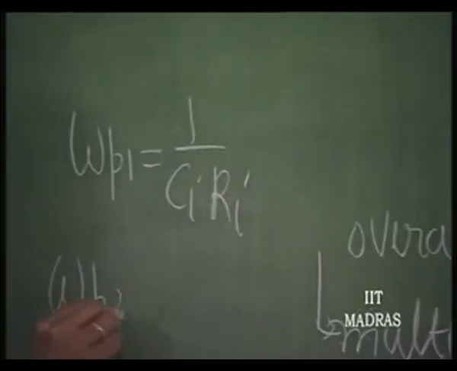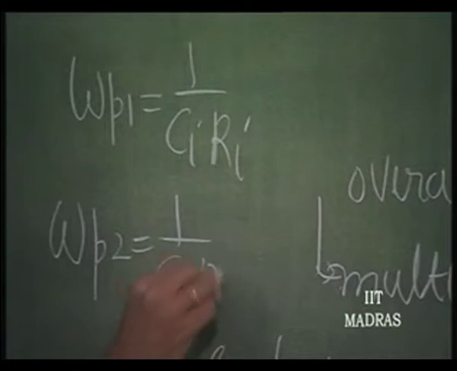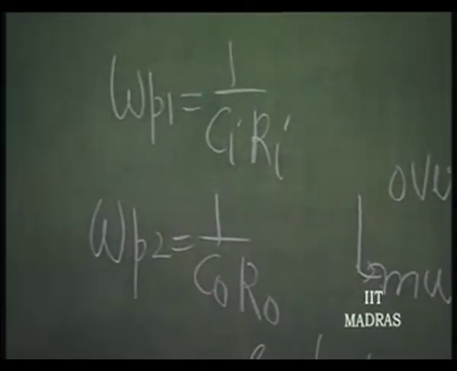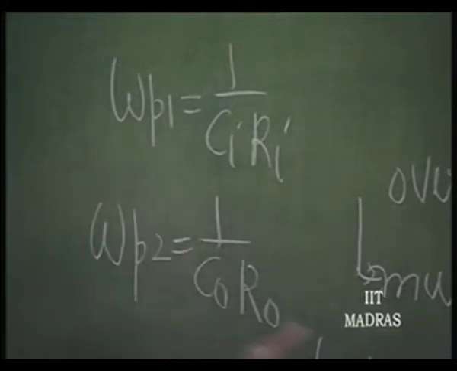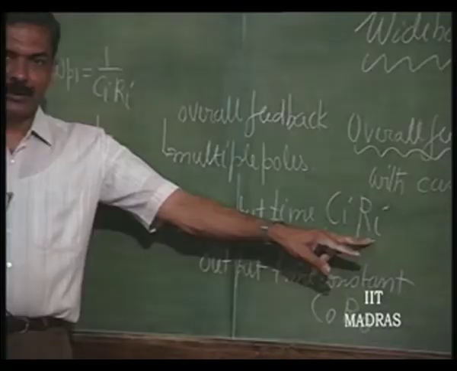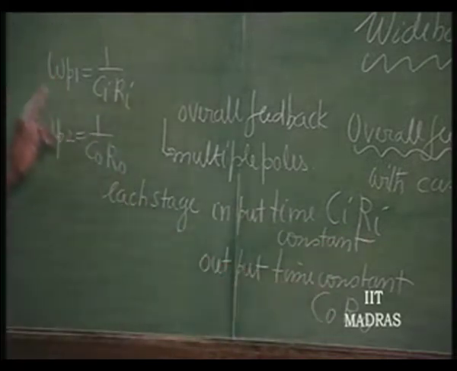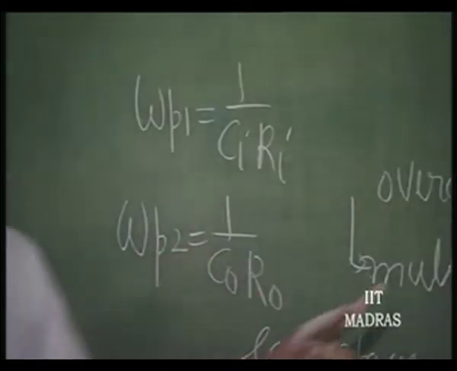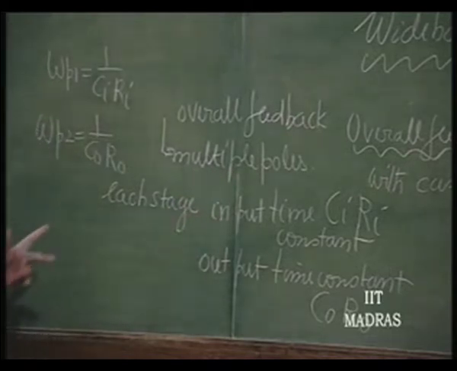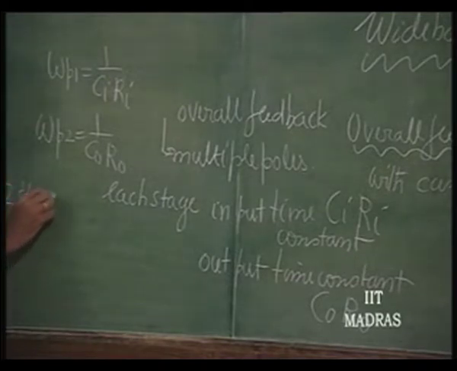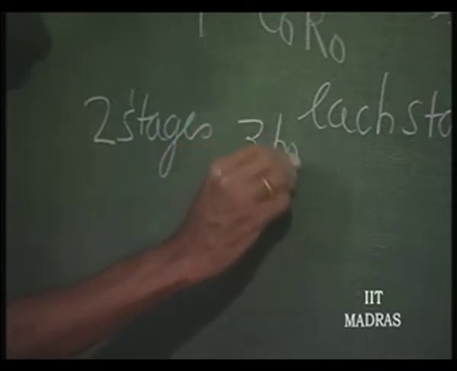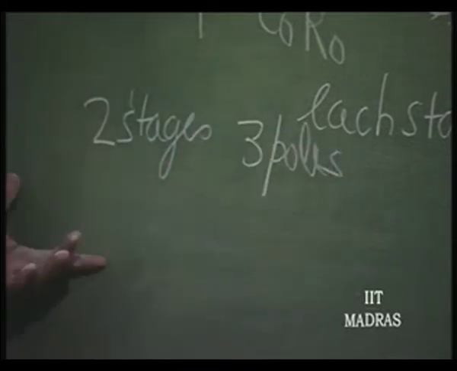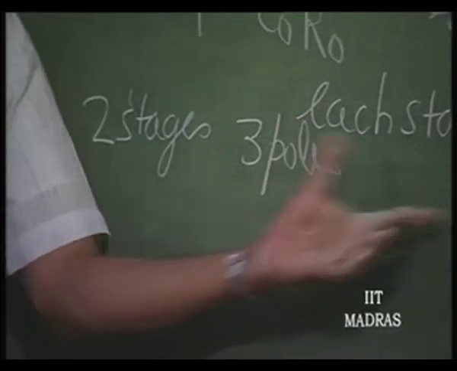and omega p2 is going to be in whatever transfer function that you are going to obtain from that stage. Primarily it will introduce an input time constant and an output time constant and introduce 2 poles. So, each stage will introduce 2 poles. If there are 2 stages, there will be a minimum of 3 poles: input, intermediate and output.